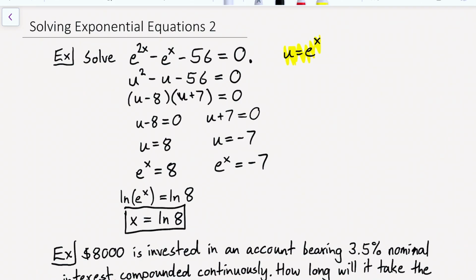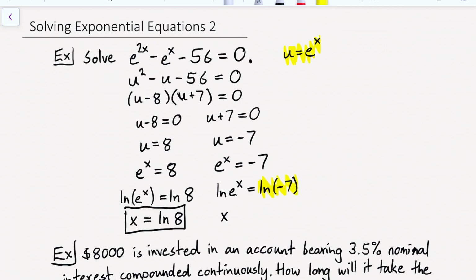Once again, we'll recall that natural log of 8 is a number just like any other rational or irrational number. It's acceptable as an algebraic solution. Here I apply natural log to both sides. But if we're paying attention, we'll see a problem here. We cannot find the natural log of negative 7.